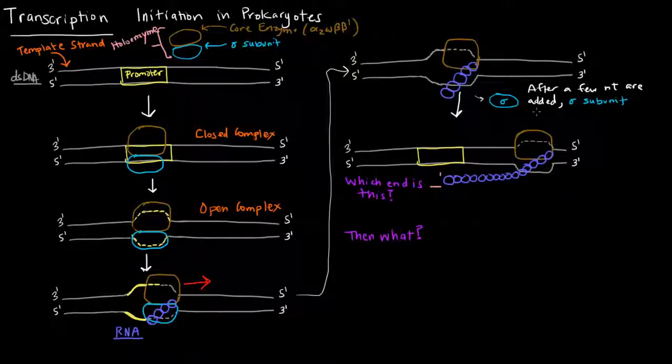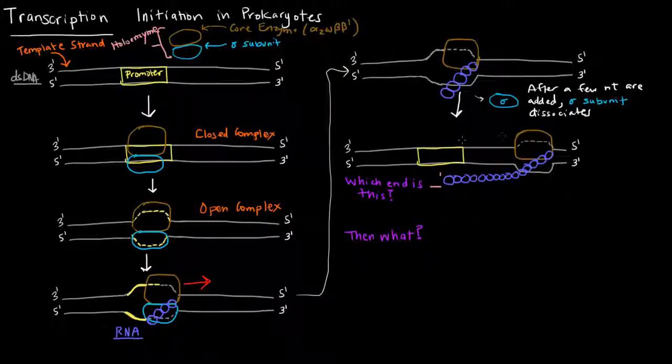It falls off, because it did its job. The sigma subunit was solely supposed to help the core enzyme bind, and once the core enzyme gets going, the sigma subunit is no longer necessary.